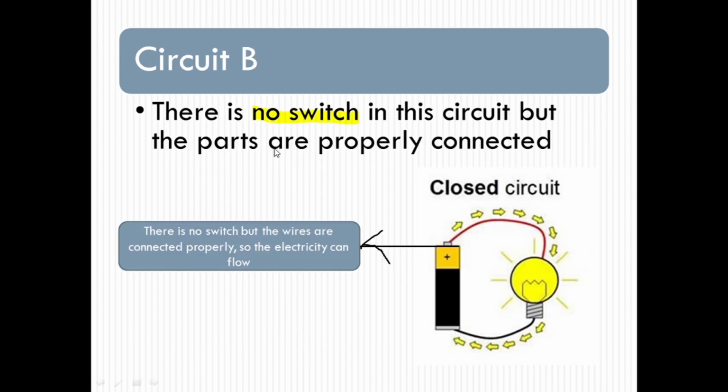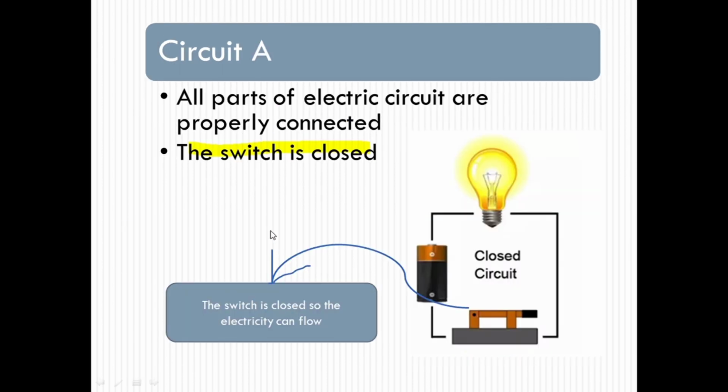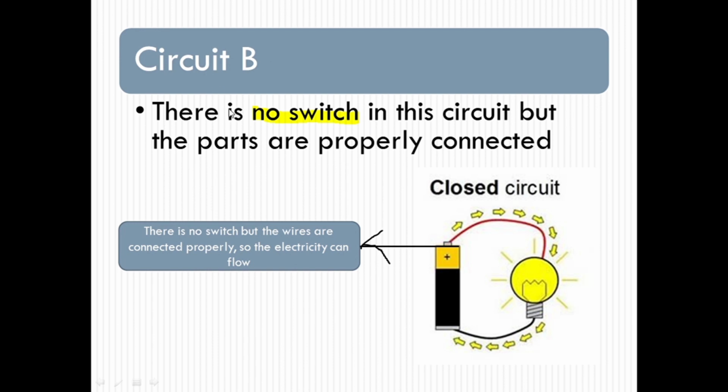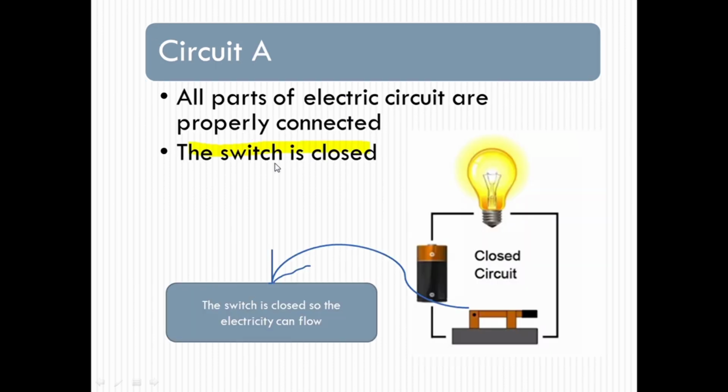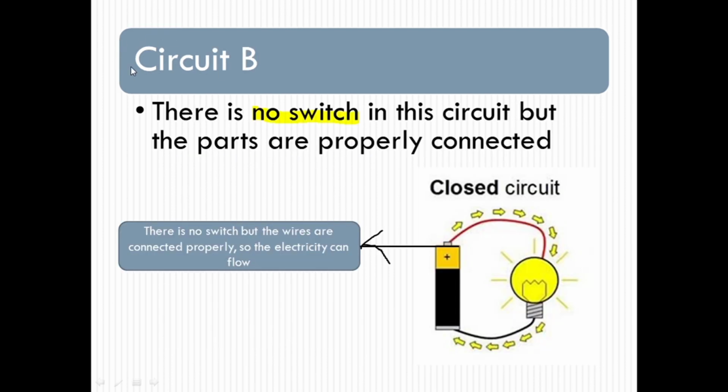Next, what about circuit B? The difference between circuit A and circuit B is only at the switch. Circuit A has a switch and the switch is closed. But on circuit B, there is no switch, but the parts are properly connected. Even though they don't have any switch here, look at the pictures.